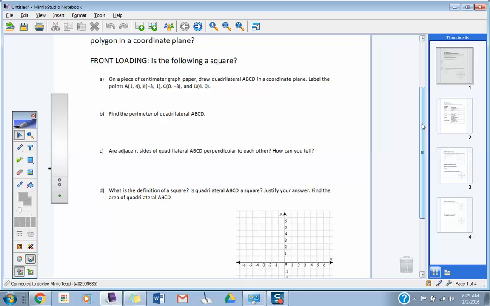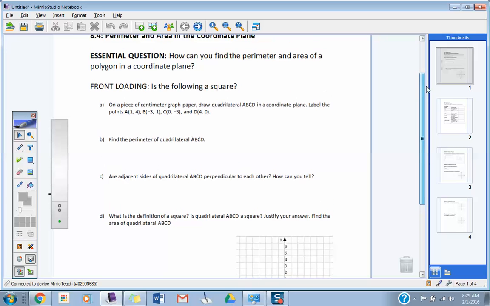Okay, so I'm going to write these notes down here. Is the following a square? Let's define square right here. I'm going to work backwards here in a bit. We'll come back to D, but it has 4 sides. Very good, Anthony. What else do you know about squares?